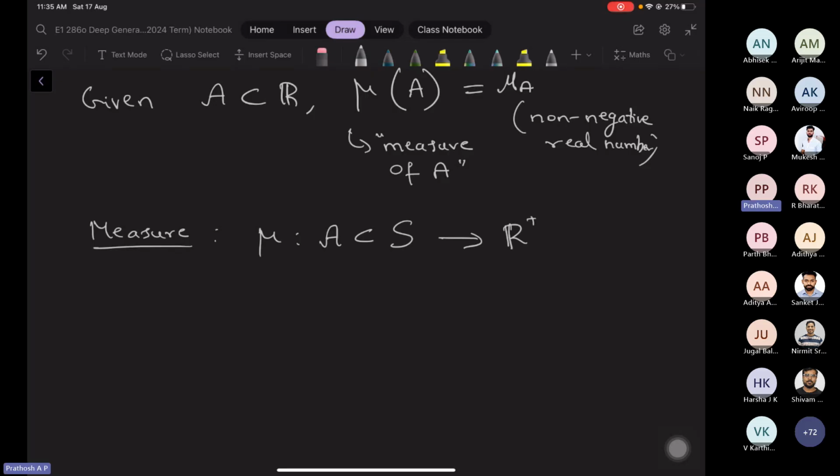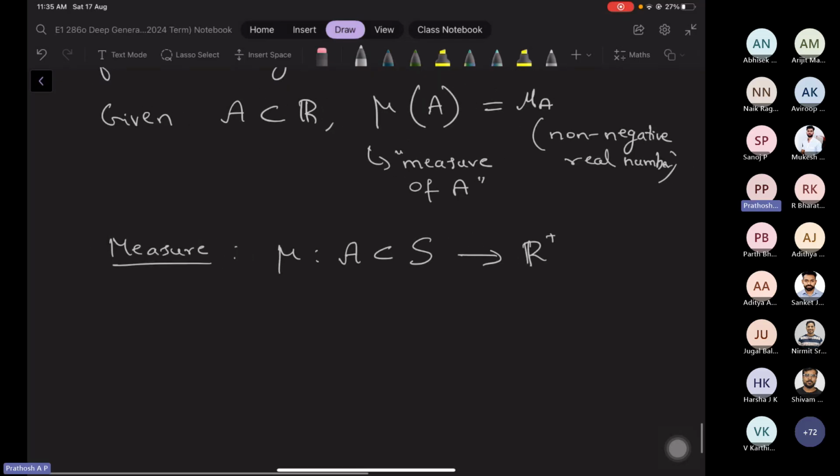So this is a measure. Why is this important? Given any subsets of a given set, you can now compare sets based on their corresponding measure. This facilitates comparison for subsets.